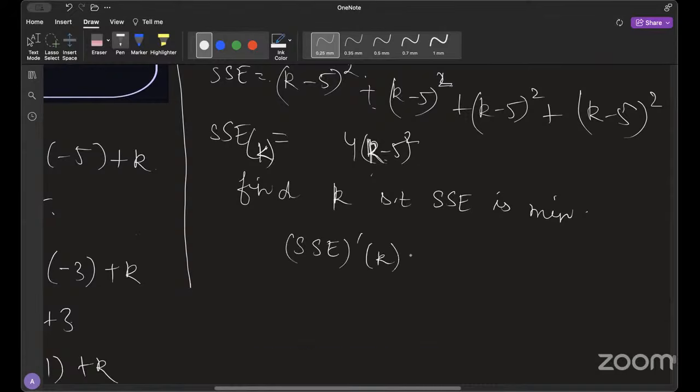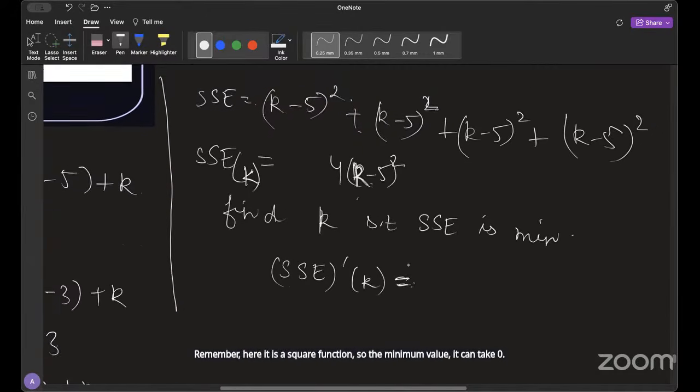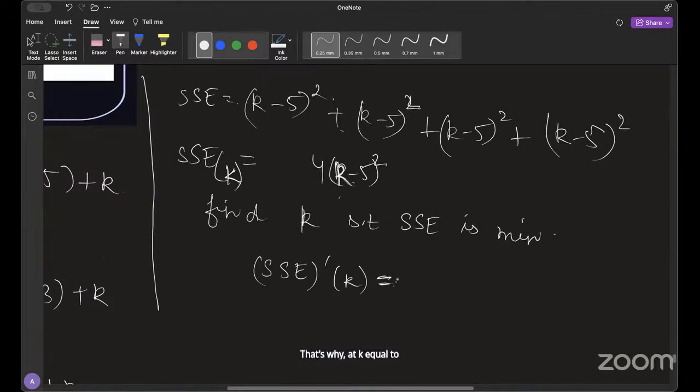Ma'am, but here it is a square function, so the minimum value it can take is 0. That's why at k equal to 5, it will be 0. Yeah, that also you can do. But if you're not given that, in case, you're right. Your SSE is basically just 4 times something squared.